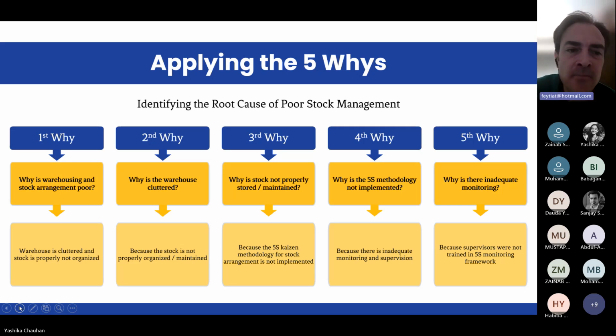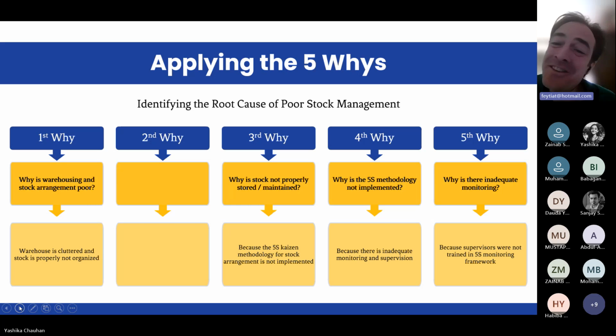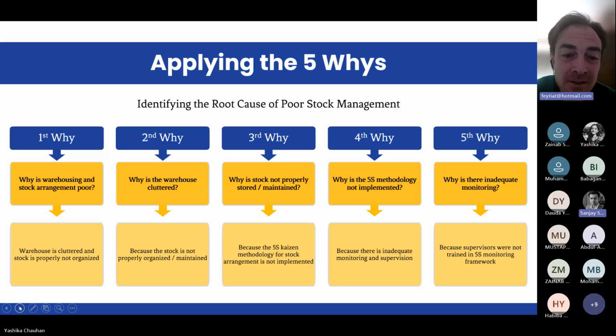So for me, the answer to the first why leads you to a second why that is unnecessary. You're saying the same thing. But again, this is your first attempt, so no offense. And actually, you could move from the first to the third.